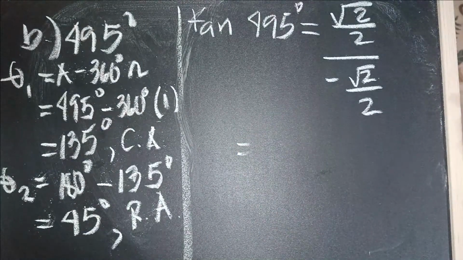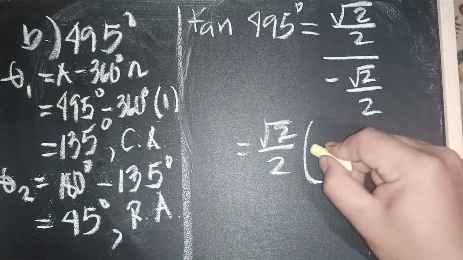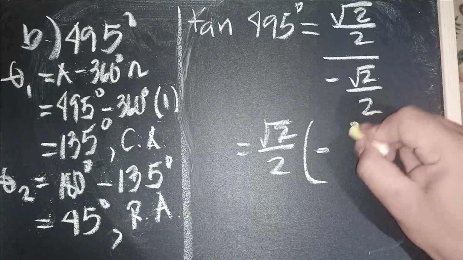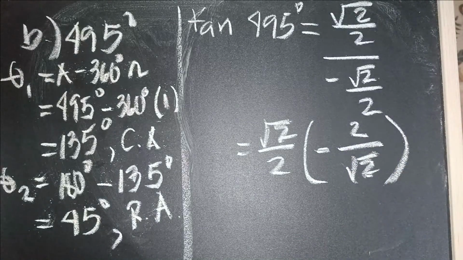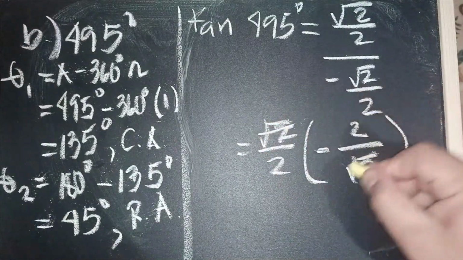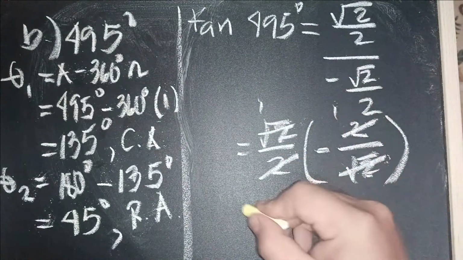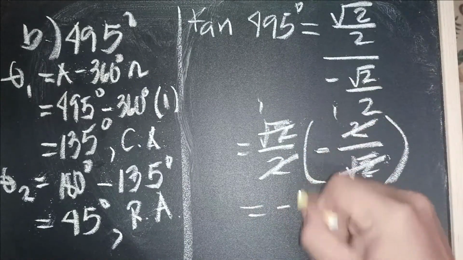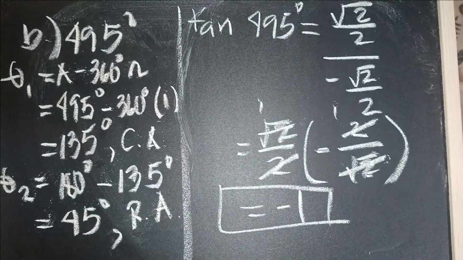So, by simplifying, this is now square root of 2 over 2 multiplied by the reciprocal of this, which is 2 over square root of 2. So, we can cancel this. We cancel this. So, this is 1. This is now 1. 1 times negative 1, that is negative 1. Therefore, the tangent 495 degrees is equal to negative 1.